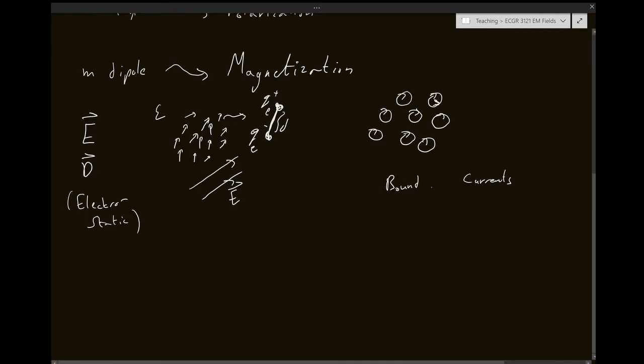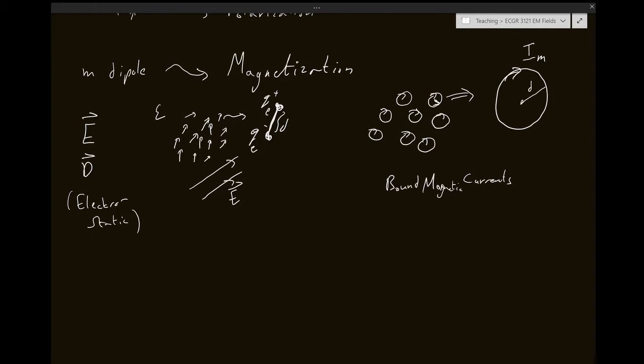So those are bound magnetic currents, meaning that if I zoom in on a dipole here, I have a loop, I have a current, but the current is a magnetic current, meaning the charges moving in this tiny filament, which has a radius of d, are magnetic charges. The same kind of charges that we said don't exist in nature, but they exist in the mathematics, and we can easily imagine them to exist.